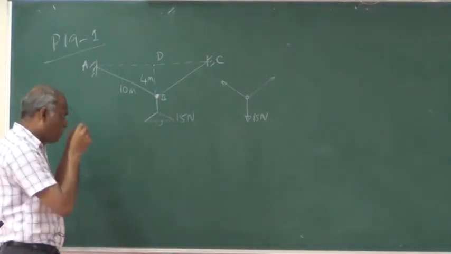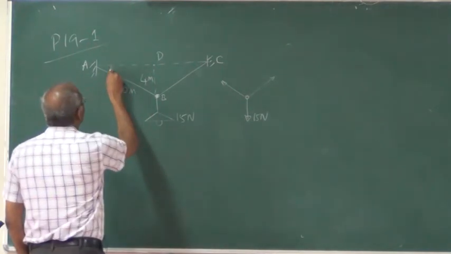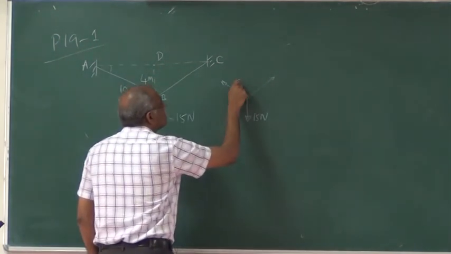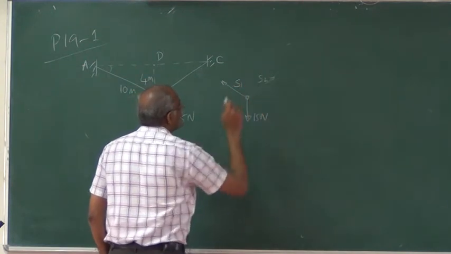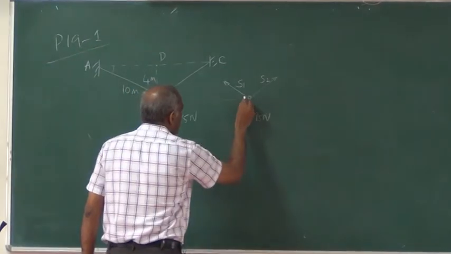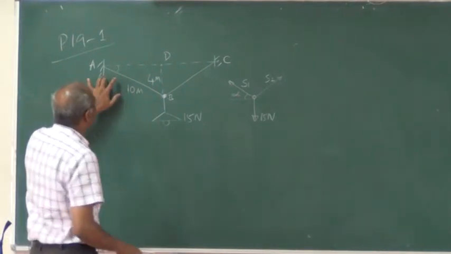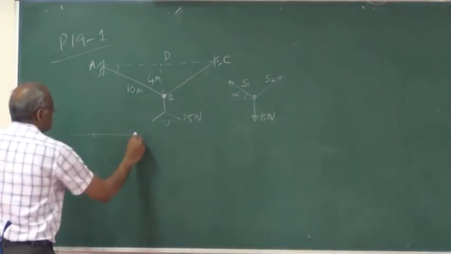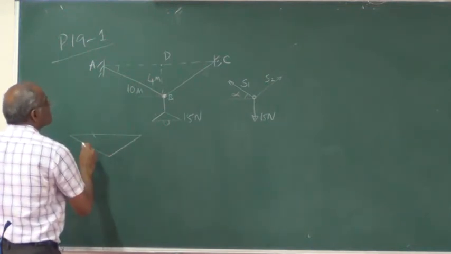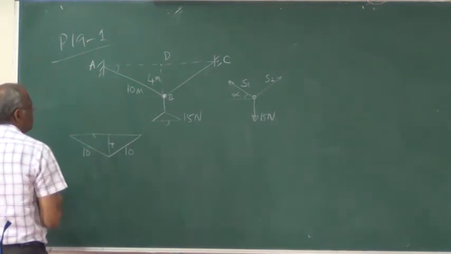So here the idea is that you can find out what angle this makes with respect to the horizontal. If the tensions in these are S1 and S2, then you can find out this angle alpha. Since you think of this triangle, which is an isosceles triangle, here it is 10, here it is 10, this is going to be 4.